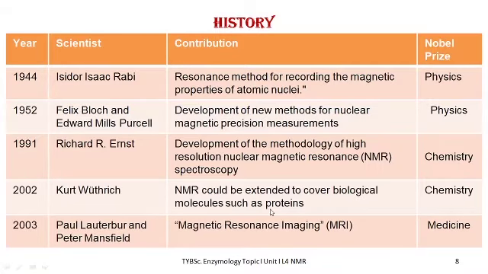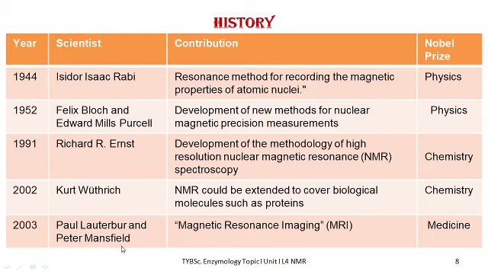Guthrie showed that NMR could be used for studies of biological molecules like proteins, which was a big gateway for the biologist to study the whole metabolic processes that operate in a living cell. He too was awarded a Nobel Prize in Chemistry in 2002.